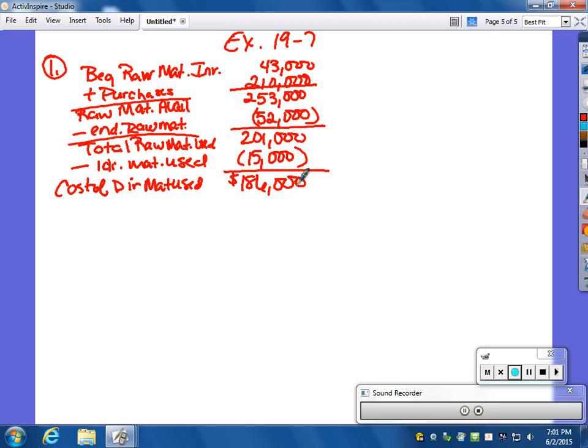Two, cost of direct labor used. What do we start with?